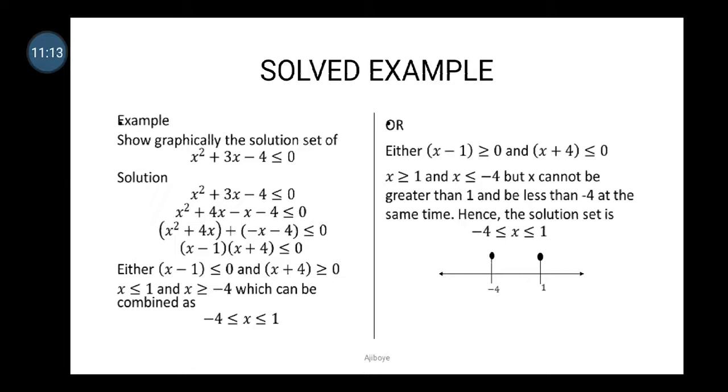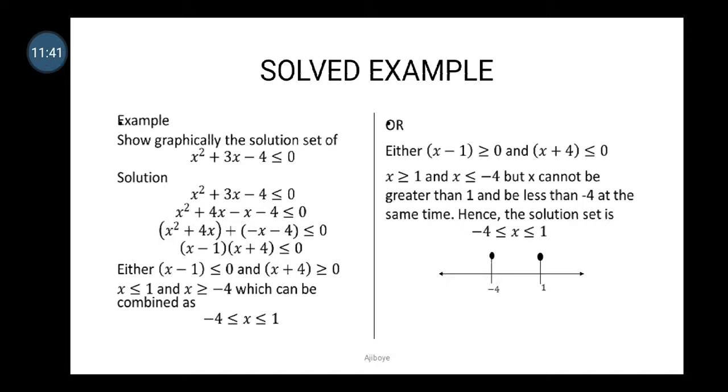So solution: x squared plus 3x minus 4 is less than or equal to 0. We factorize like we did before, and that gives us x minus 1 as a factor and x plus 4 as a factor. So (x minus 1)(x plus 4) is less than or equal to 0.